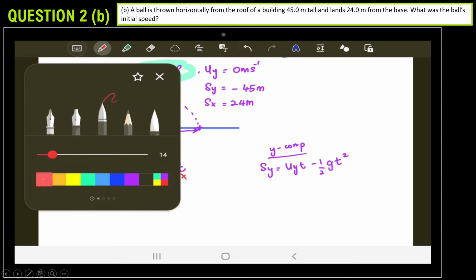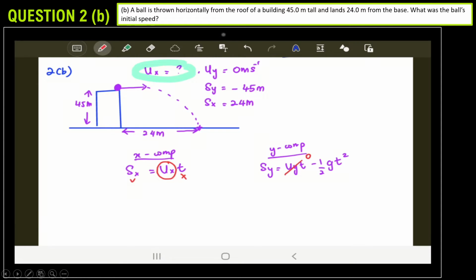So I'm going to use the equation Sy equal to Uyt minus half gt squared because I want to find t. Now we can cancel here, it's 0, and Sy negative 45 is equal to negative half 9.81 t squared. Therefore, when you press your calculator, t is equal to 3.03 seconds. That means the time taken for the ball to move from its initial point to the ground is 3.03 seconds. Now you can substitute the value here.